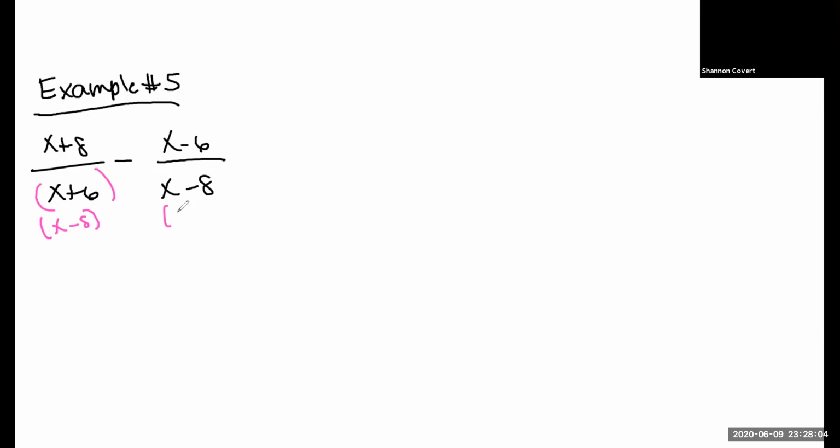And this second fraction is missing the x + 6. So I'm going to take x − 8 times the numerator and denominator in my first fraction, and I'm going to take x + 6 times the numerator and denominator in my second fraction.